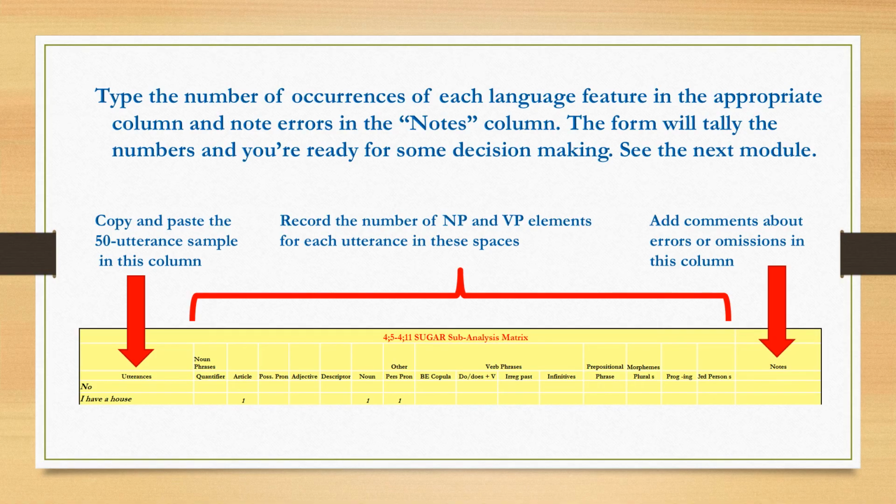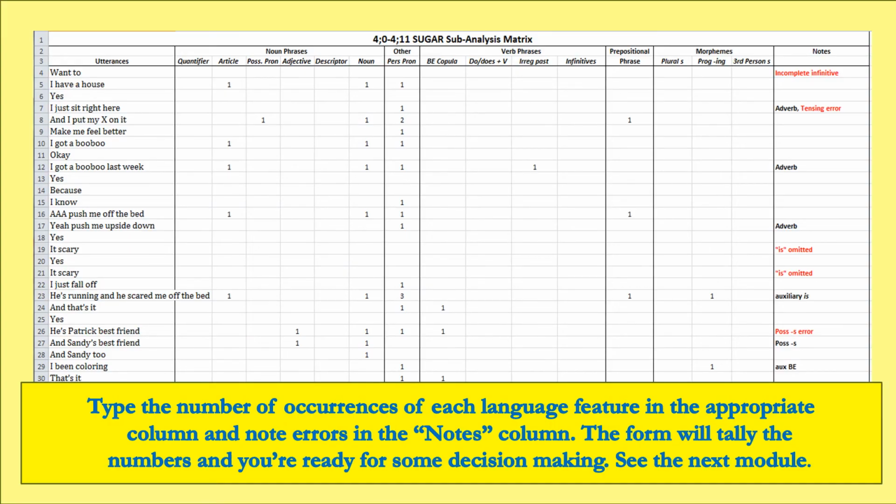In the row for each utterance, simply type in the number of times the child used that feature correctly. Errors should be noted in the column to the right. You can see on this slide that I've typed the number of occurrences of each feature in the correct column and noted errors on the right.